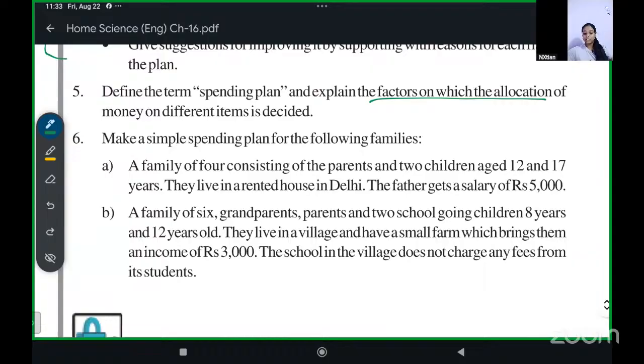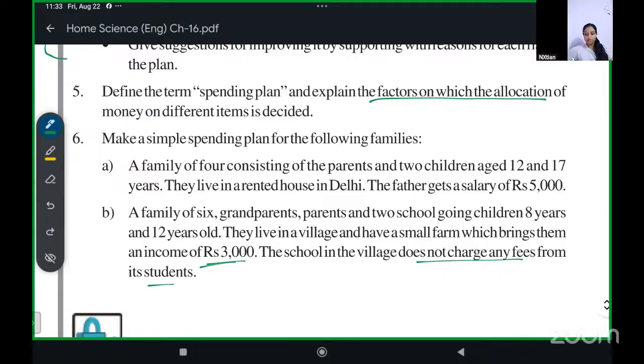Then a family of six: grandparents, parents, 2 school-going children, 8 and 12 years. They live in the village and they have a small farm which brings them an income of 3,000. School does not charge any fee from the student, so you just have to do the other things like food. Will we have to consider school for the first one as well?